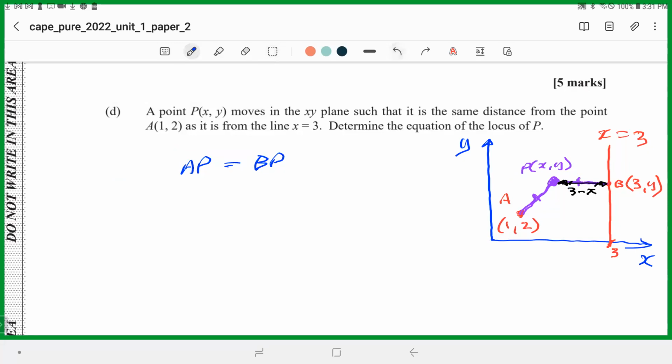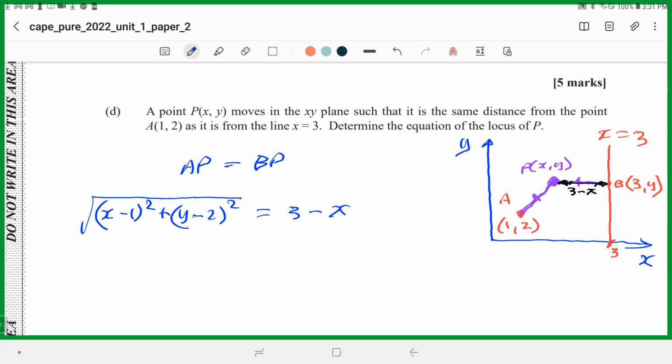The length of line formula is the square root of the difference in the X value squared, X minus 1 squared, plus the difference in the Y value squared, Y minus 2 squared. That's the length of AP equals BP. BP is just 3 minus X. That's what you're solving. That's a locus. You normally square, expand, and simplify.